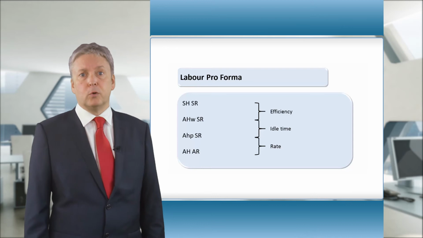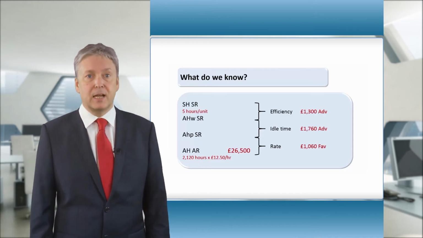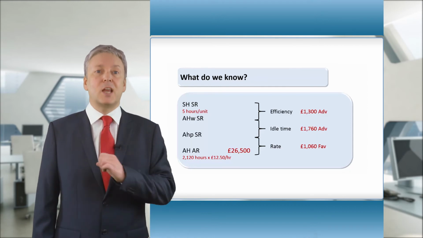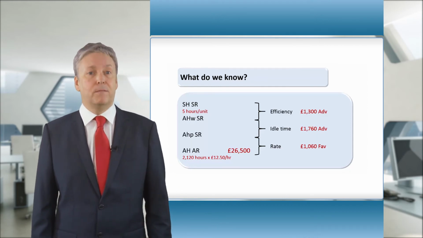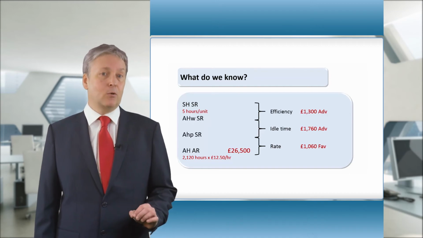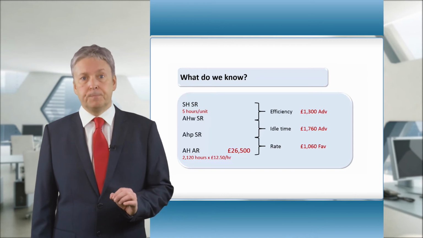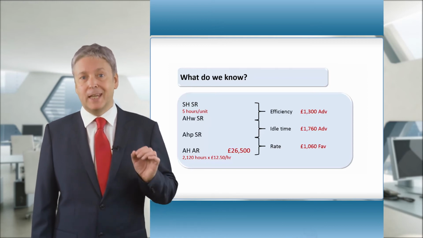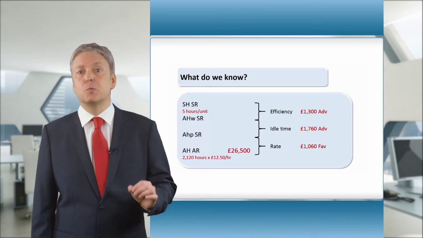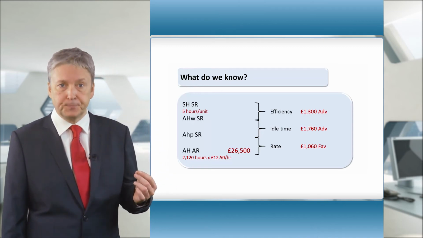As we did it before, the first thing we do is to slot in the information on the left-hand side. So we know the standard hours per unit are 5. At the bottom, we know the actual hours, and we also know the actual rate. Now, the actual hours here will be the actual hours paid because we've made a distinction between hours paid and hours worked.